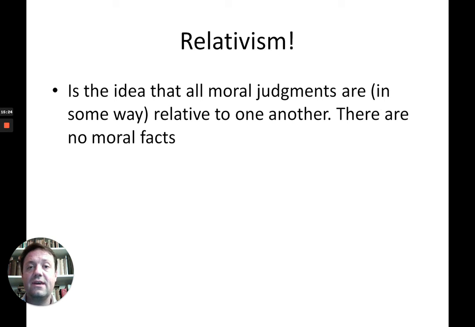All it is doing is observing that there are many different ways in which people believe they are acting morally throughout the world. You can contrast descriptive relativism with moral relativism, which is the belief that all morality is just relative to the next person's, and that as such there are no moral facts.